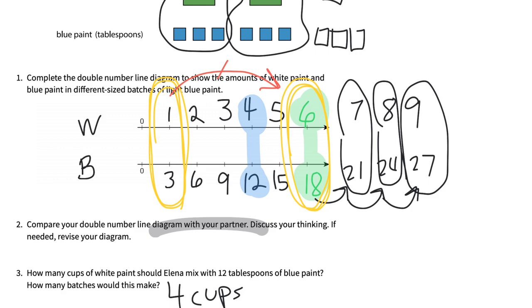For example, 1 times 6 gives us 6, which means 3 times 6 gives us 18. And since there's that common multiplier for the white row and the blue row, in this case 6, that tells us that these two ratios are equivalent.